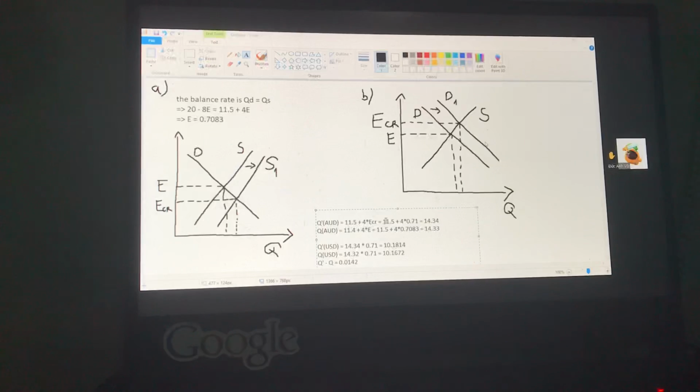You mean this line? I mean the second line. Yes. 20 minus 8 multiplied by E, the central rate. No, not that. Multiply by 0.71. Yes.